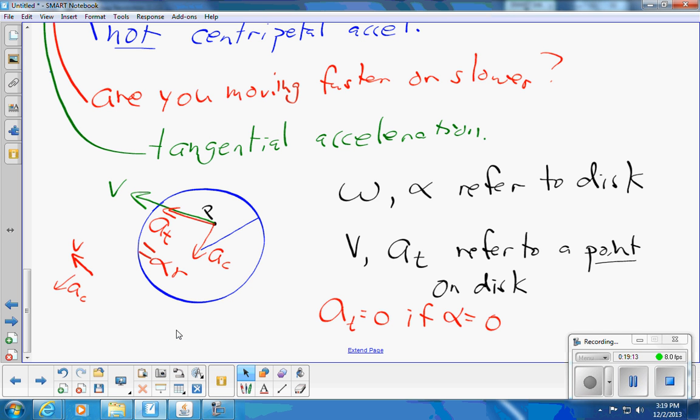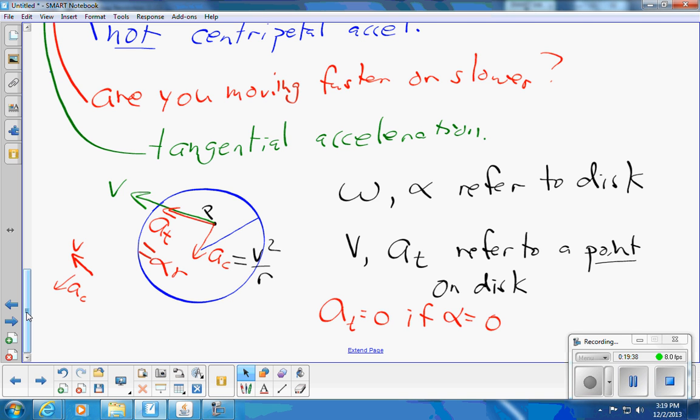Tangential acceleration is measured in meters per second squared. That is what you have if you're rotating a point on an object rotating faster and faster or slower and slower. Centripetal acceleration, by the way, is still v squared over r, same as it always has been. I'll be saying a little bit more about that in a second. And that is true as long as you are moving in a circular path.